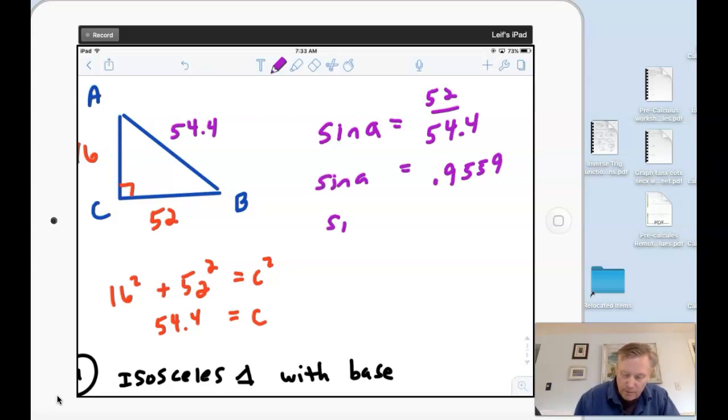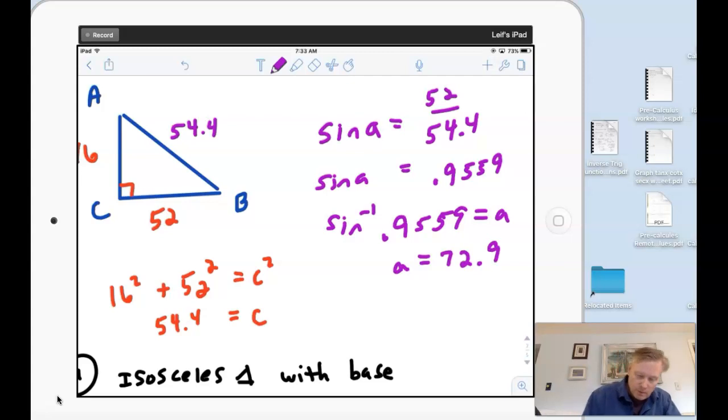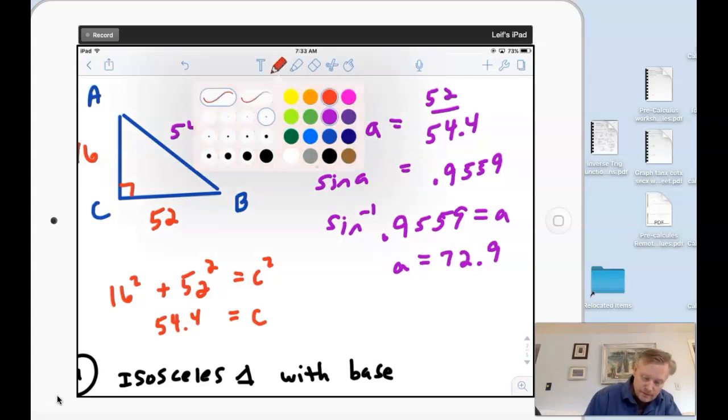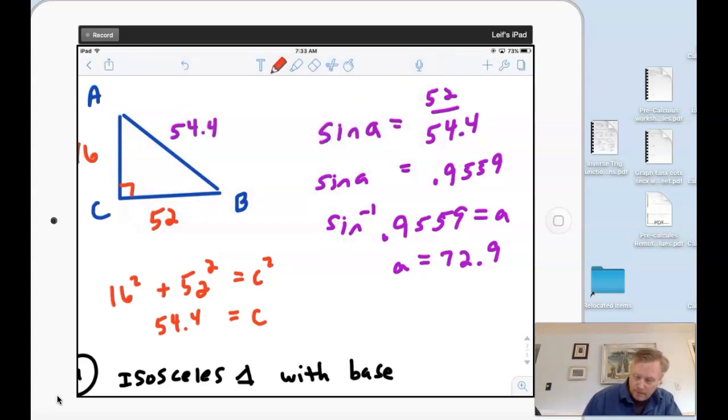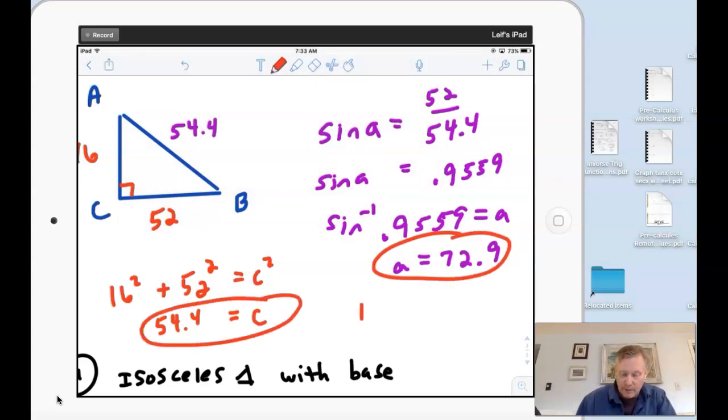And then remember, if I do the inverse, where you switch the decimal and the variable like that, I'll get my answer. Make sure your calculator's in degrees. I'm getting 72.9, which means that's that angle. Now, angle B, you don't have to do a lot of work here.